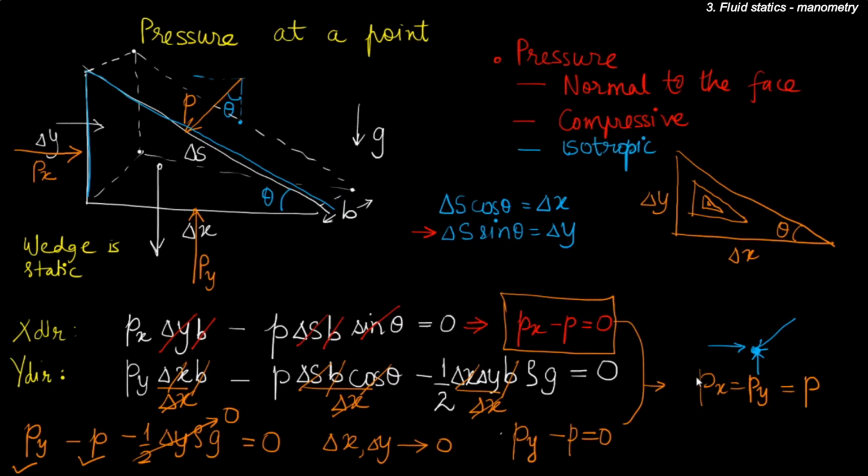It acts equally from all sides. Extending this, I can draw all the other lines of pressure at a point. At a point, they are all acting equally from all sides. So they are equal, and they are not just equal, but they act equally from all sides. So pressure is said to be isotropic.